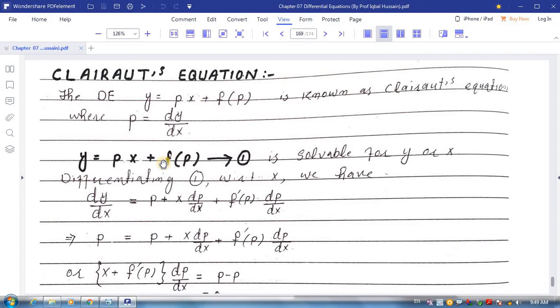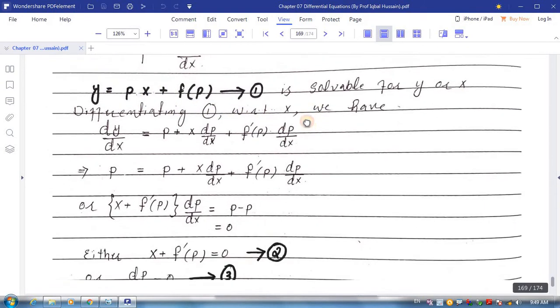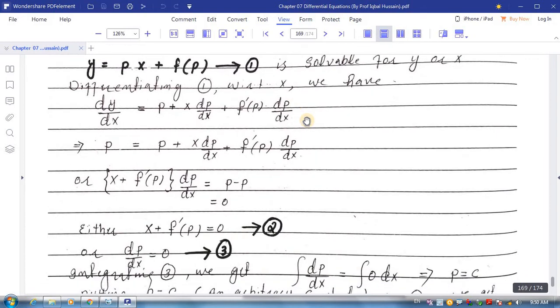Let this equation be named equation number 1. This equation is solvable for y or x. Let's differentiate equation 1 with respect to x. We have the derivative of y with respect to x. Here we have a product of two functions, so using the product rule, first function times derivative of second plus second times derivative of first, the result is these two terms, and the derivative of f of p is f dash p dp over dx.